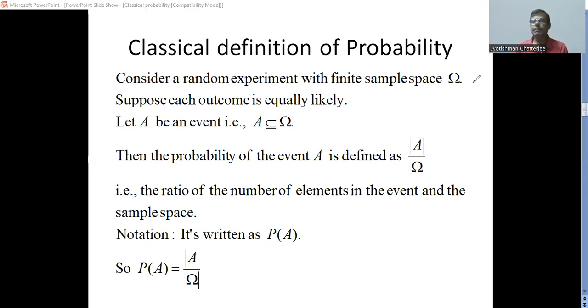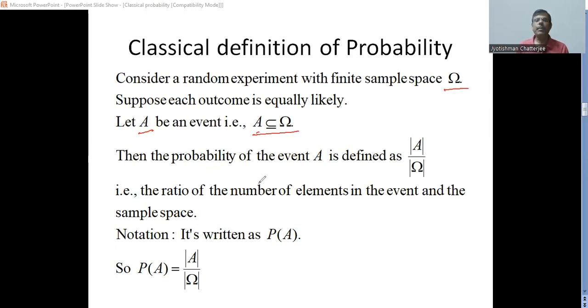So this omega is our sample space, and this A is the event. A is a subset of omega. Don't mind, I couldn't write it properly.